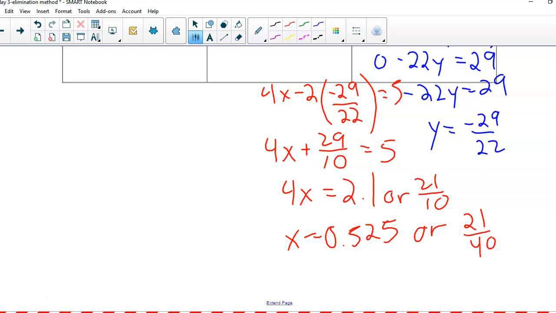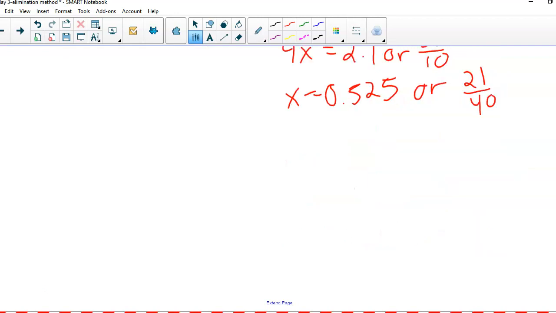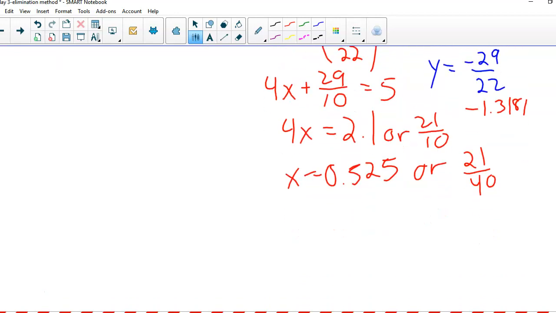Okay, so you could write your solution as 0.525, comma, negative 1.3181.